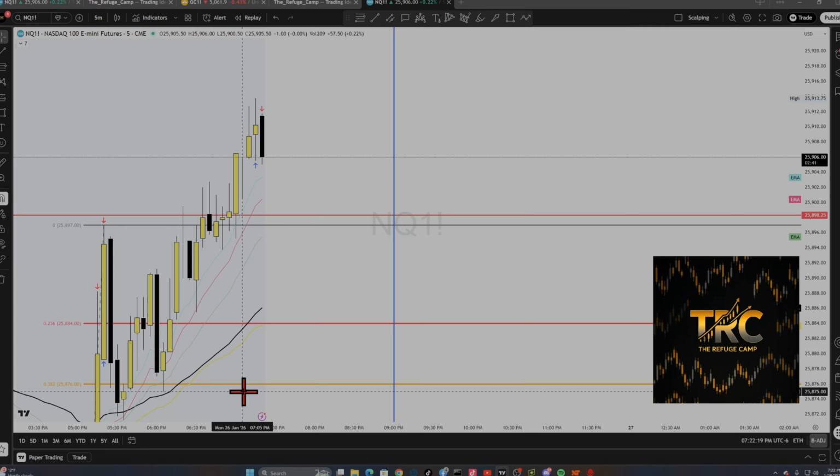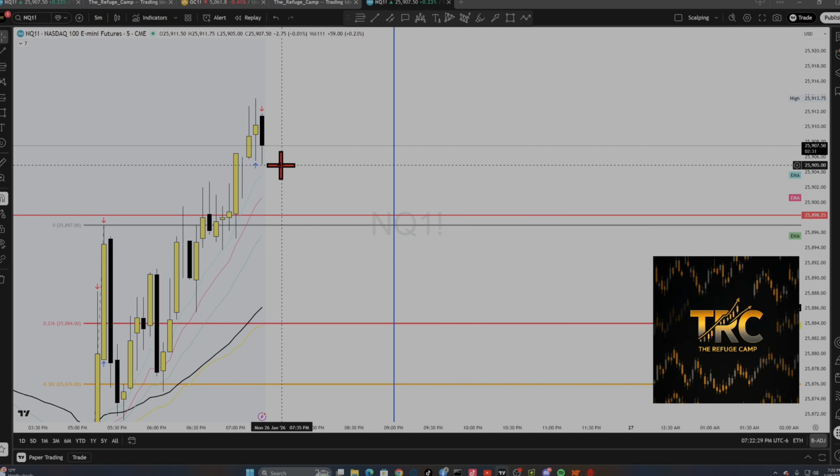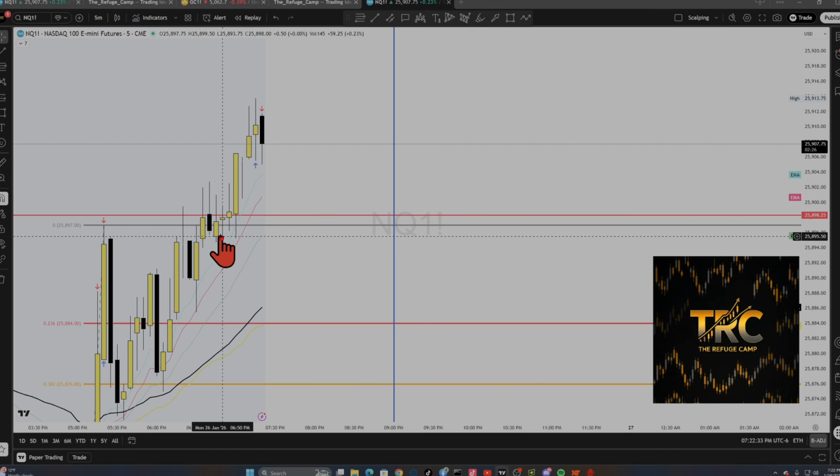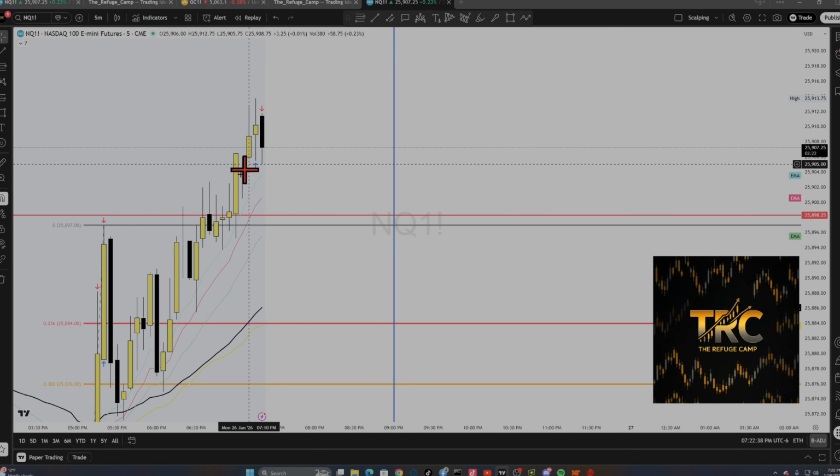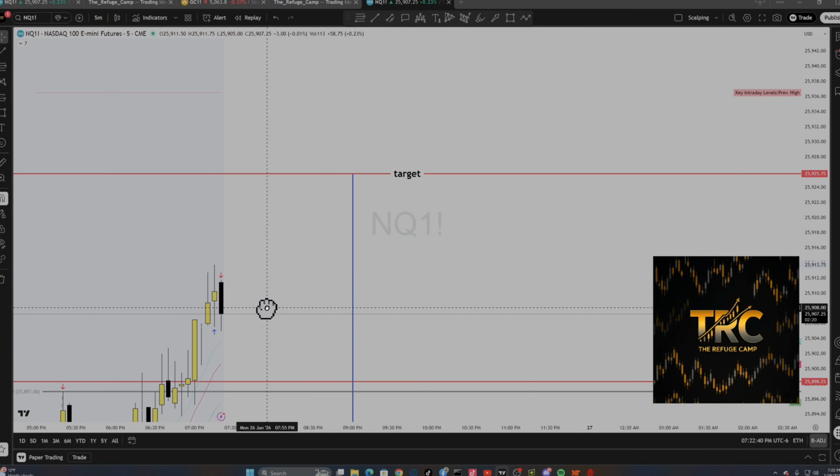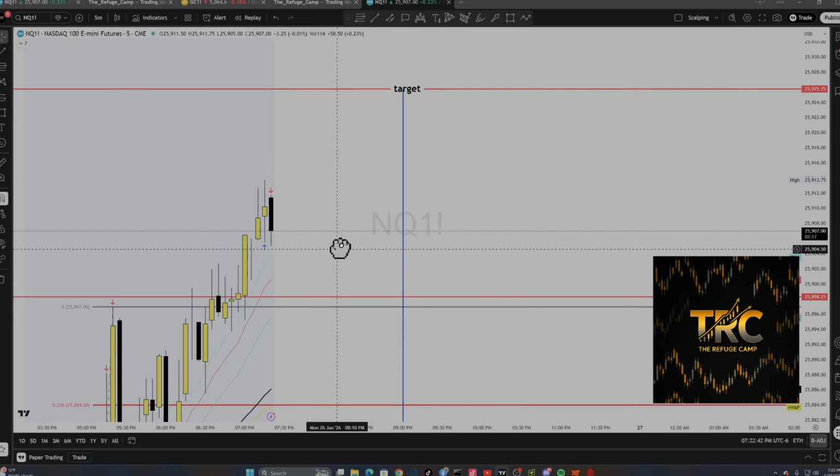Let's touch the tip of the pool. This also could simply be a whipsaw that is forming to take everybody out of the long. This would be the liquidity sweep required to continue the trade up to the target.